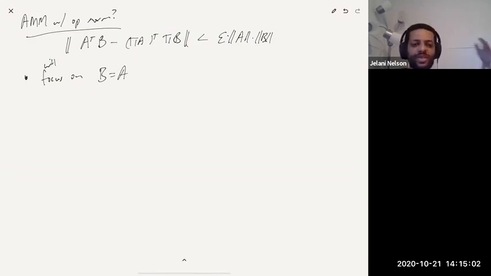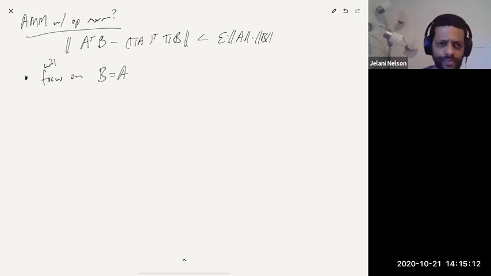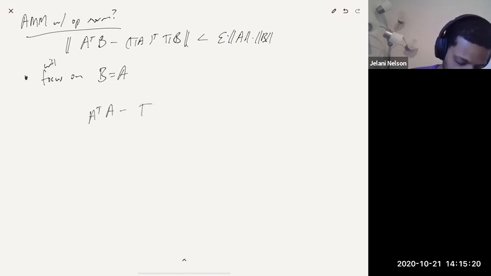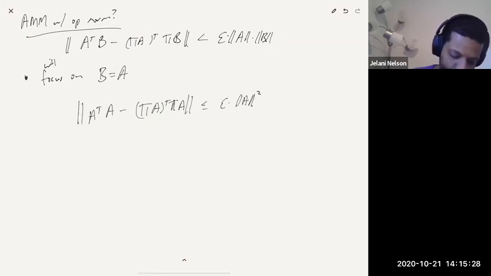I mean, you can do stuff for B not equal to A, but in the applications that we're going to see of this, it's most interesting when B is A. So I'm going to focus on that. So what does this mean? This means that the operator norm of A transpose A minus pi A transpose pi A is at most epsilon times the operator norm of A squared.